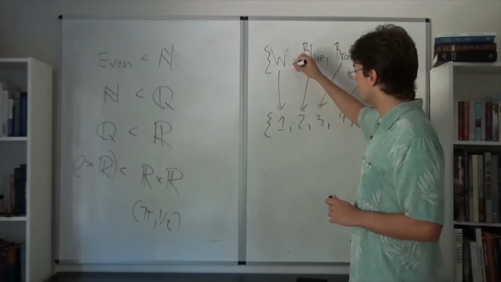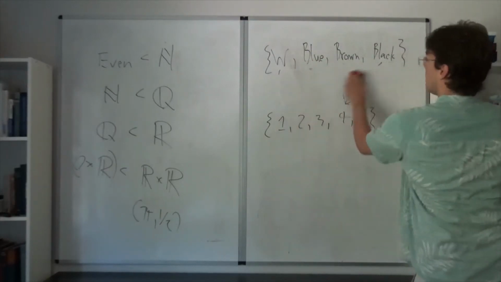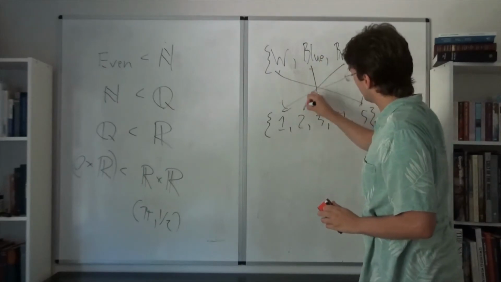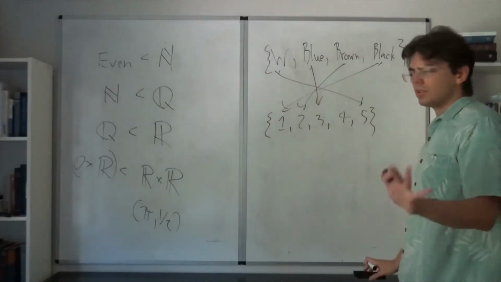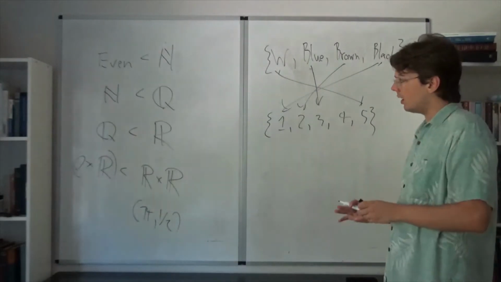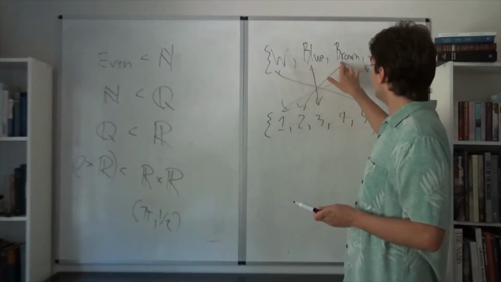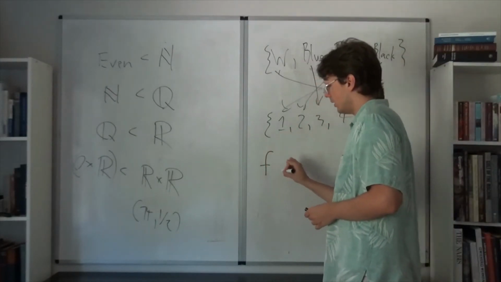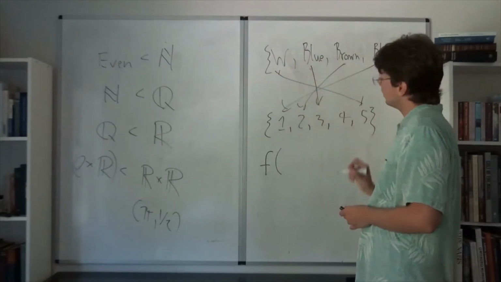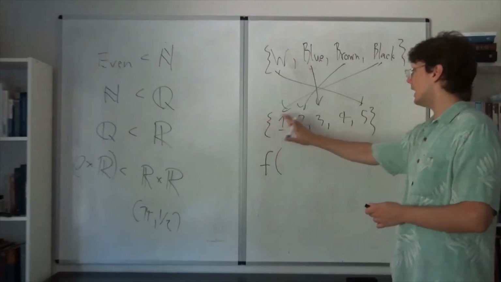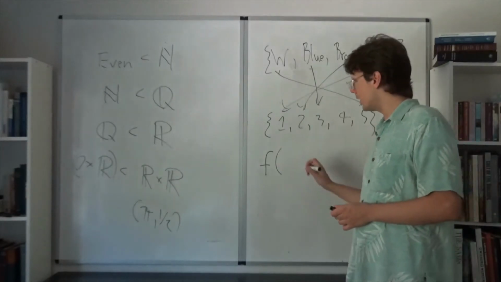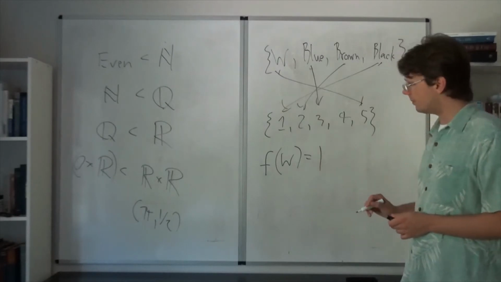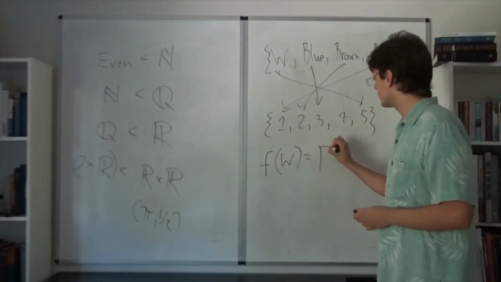I can do something like this, where it's white, and then maybe go back to 1 and do blue there, and then brown, and then I'm missing 4. There's no way to do it, okay? There's no way to pair every one of these guys with one of those. In a sense, there's no way of making a function that takes in my books here and goes onto everything here. I'm always going to miss something. I guess in this case it's actually 5.